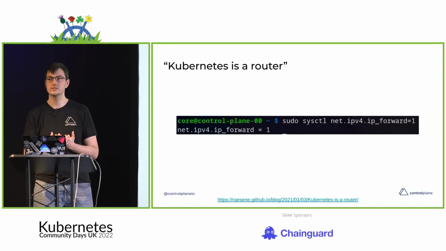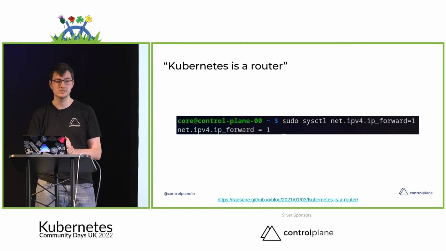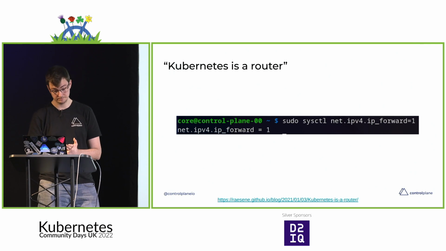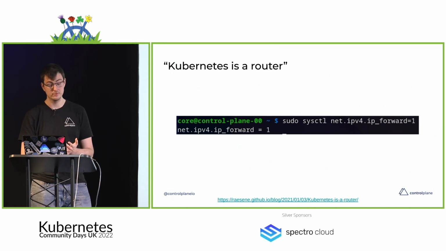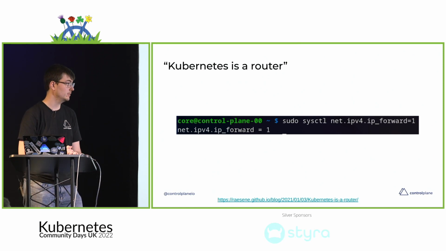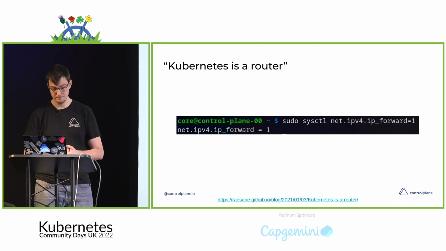The underlying primitives of Kubernetes, or much of Kubernetes, is built primarily on Linux nodes. And for those of you that have deployed Kubernetes clusters using tools like kubeadm, you might be familiar with this sysctl.